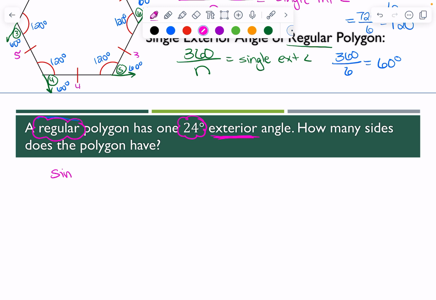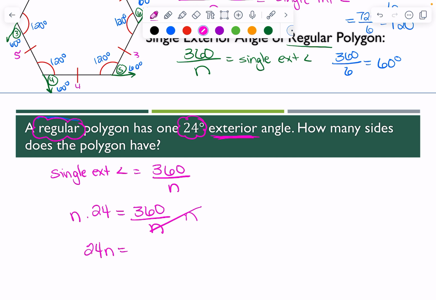So I know that my single exterior angle formula is 360 divided by the number of sides. So if we plug that in, we get 24 is equal to 360 divided by n. So I would multiply both sides by n, which gets me 24n equals 360. At that point, we divide by 24. So n is equal to 15 sides.